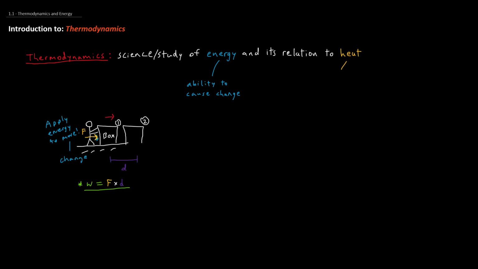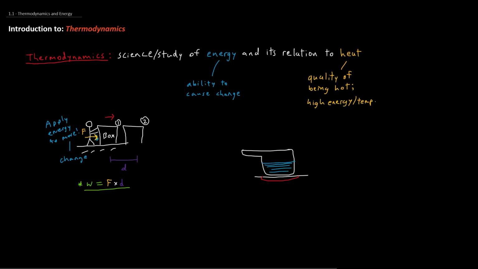And now, what is heat? Well, intuitively, it is of course the quality of something being hot, but I also like to think of heat as high energy or temperature. So for example, let's say we have a pot that's filled with room temperature water and is placed over a hot stove. Then of course here the heat from the stove will start flowing into that water.